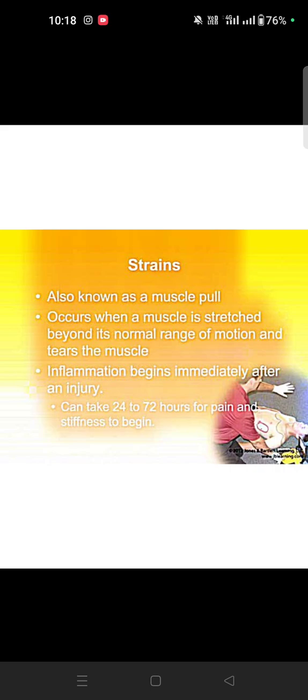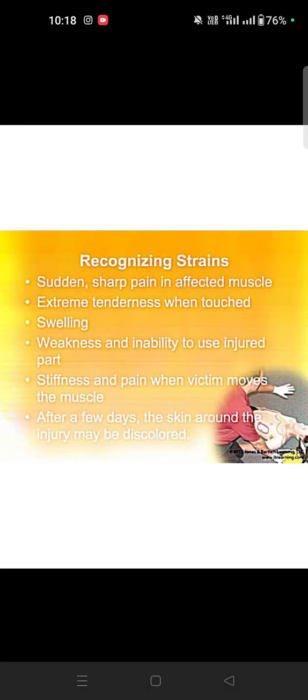Symptoms: sudden sharp pain in the affected muscle, extreme tenderness when touched, swelling, weakness and inability to use the injured part, and stiffness and pain when the victim moves the muscle. After a few days the skin around the injury may be discolored.